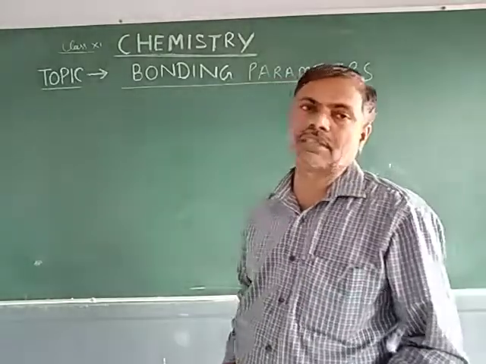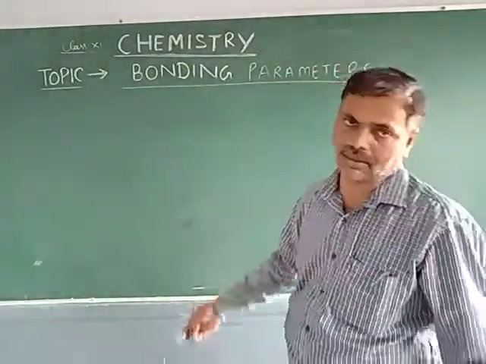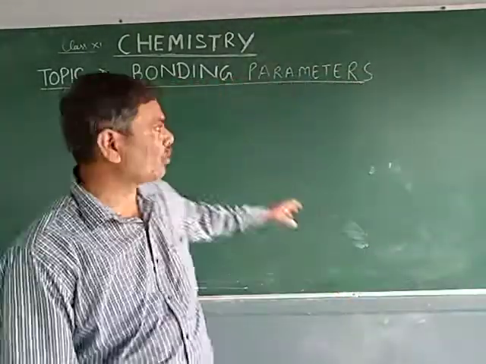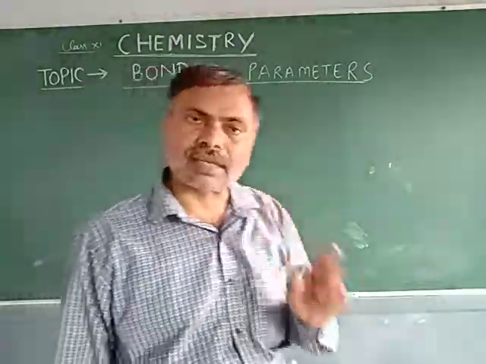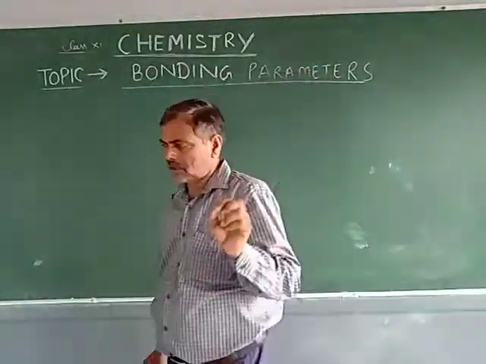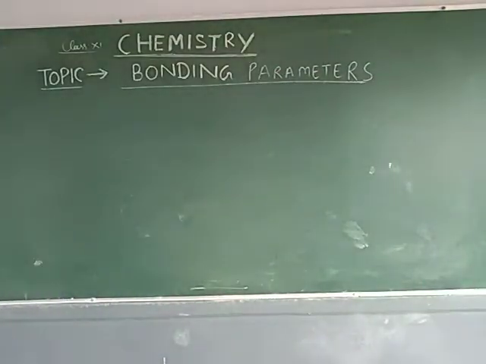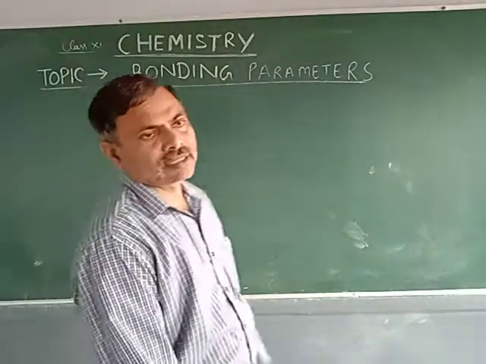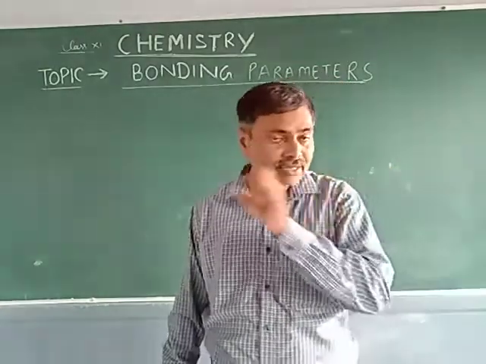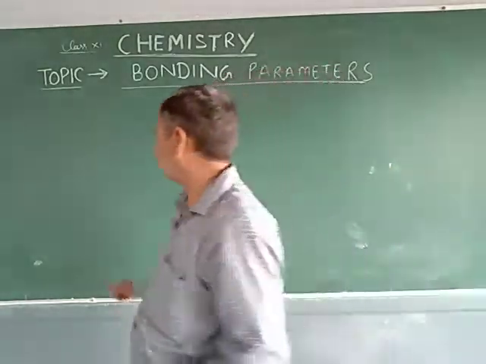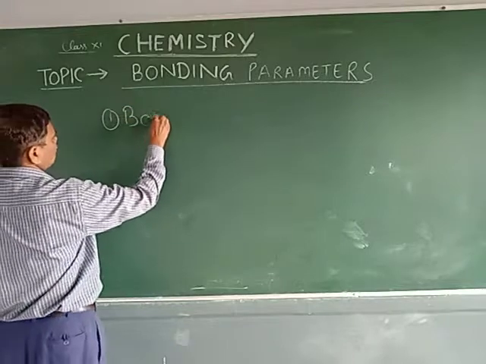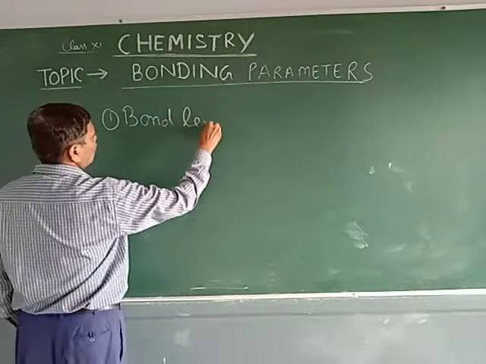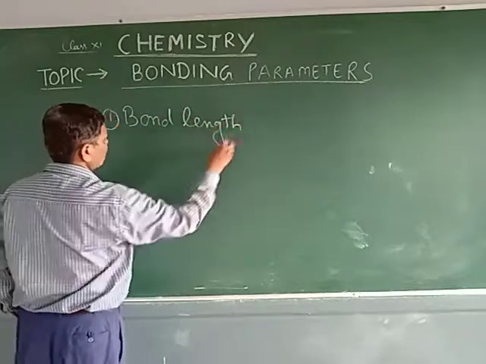Today we will discuss the bonding parameters. Covalent bonds are characterized by some important features which are called bonding parameters. Number one is bond length.